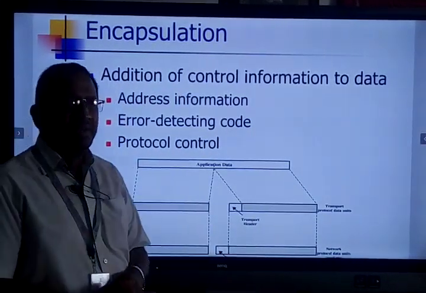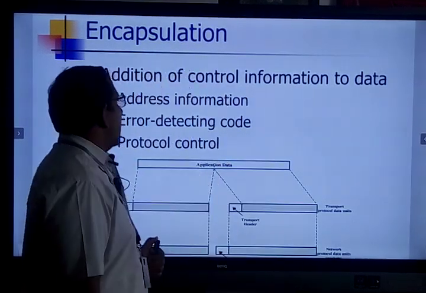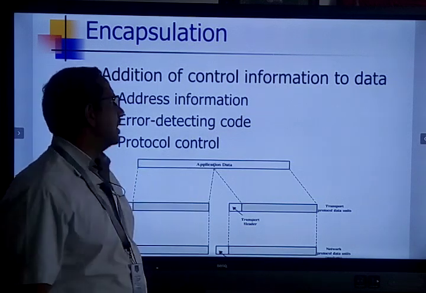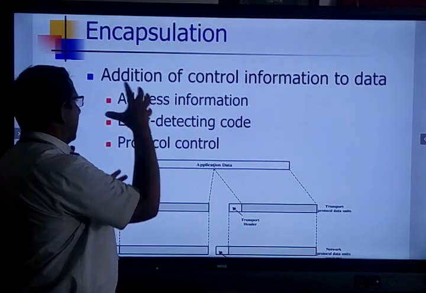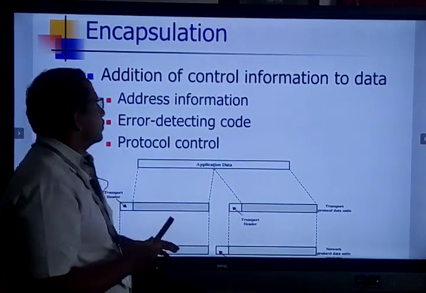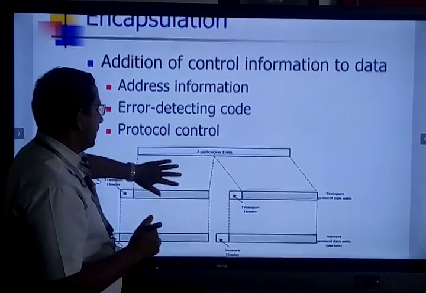That means we are simply encapsulating the control information to the data, making a small capsule, like a multivitamin tablet. So we add address information to the data, we add an error detection code, and we add the protocol controls. This is nothing but encapsulation.